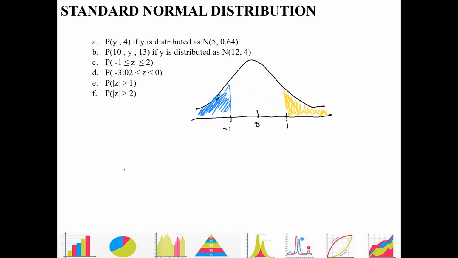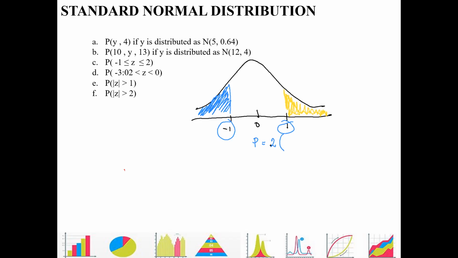So ano ang ini-imply ng problem na yan? That the value Z o yung P natin is only twice na kung ano yung makukuha natin na value for -1 and +1. Kasi pares naman sila ng result. Which is, anong value ng 1 sa standard normal?